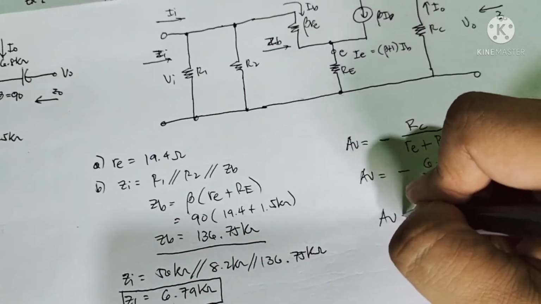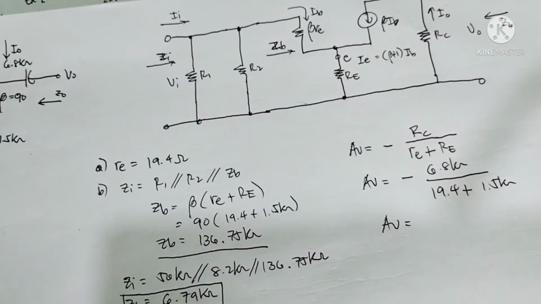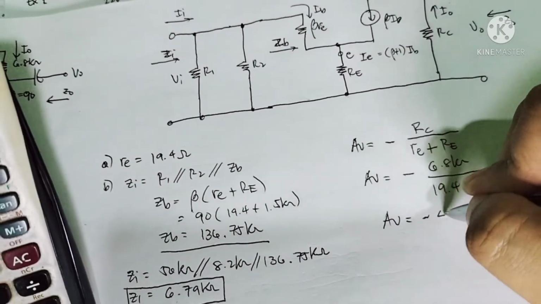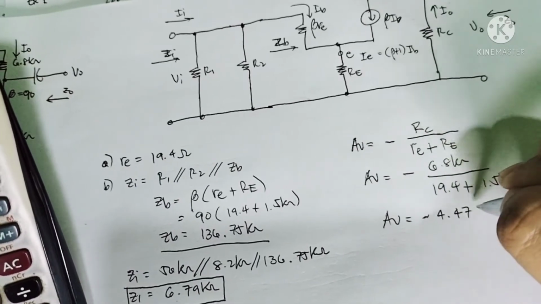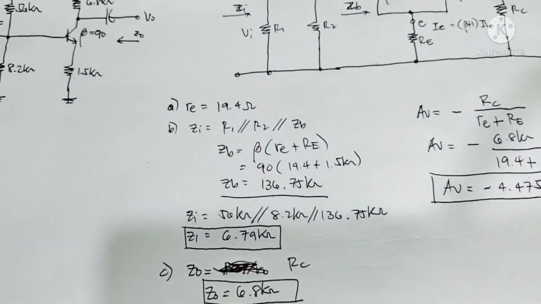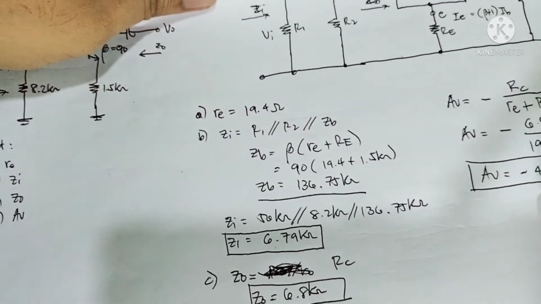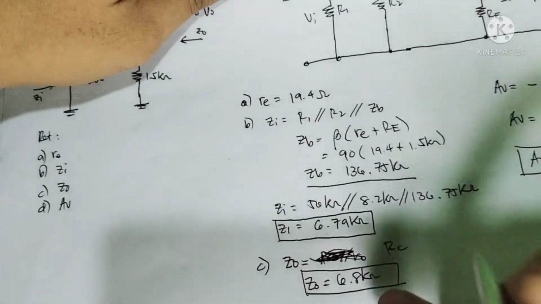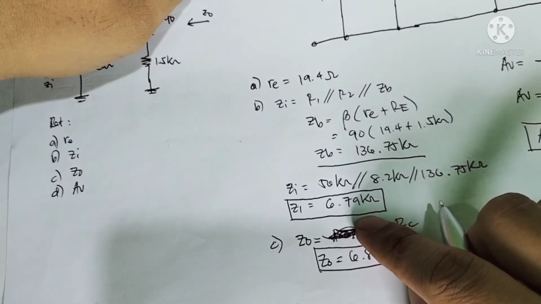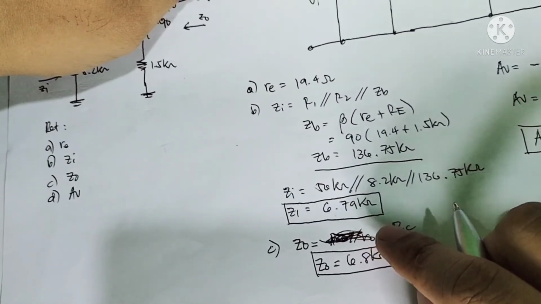So the voltage gain is negative 4.475. So we now have a voltage gain of negative 4.475, an output impedance of 6.8 kiloohms, and an input impedance of 6.79 kiloohms.